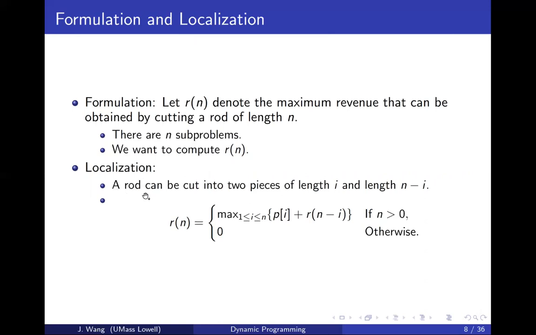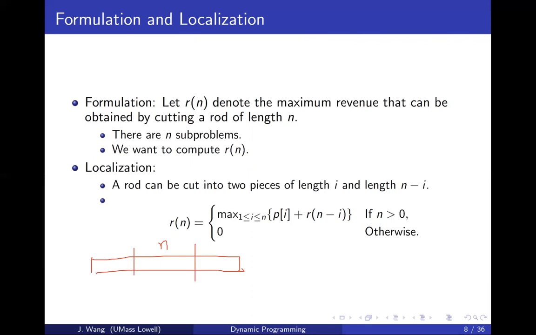Now let's look at the localization part. Let me bring up my drawing board. For a rod of length n, you have many different cuts. You could cut it here, you could cut it here.